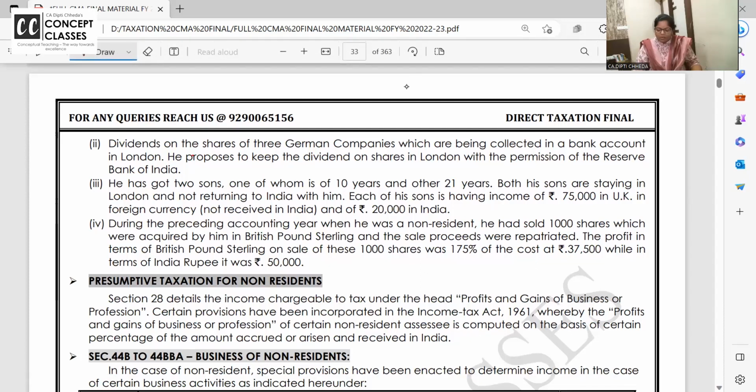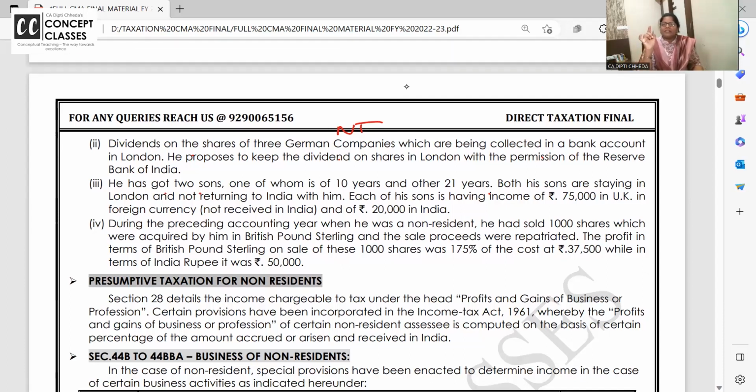Dividend on shares of 3 German companies which are being collected in the bank account in London. He proposes to keep the dividend in London only. Okay. Where does it accrue? The company is German and the dividend is there, so not taxable in India. He has got 2 sons, one of whom is 10 and another is 21 years. Minor's income is clubbed in the hands of the parent till the age of 18.